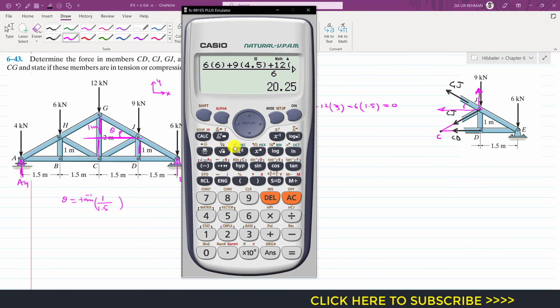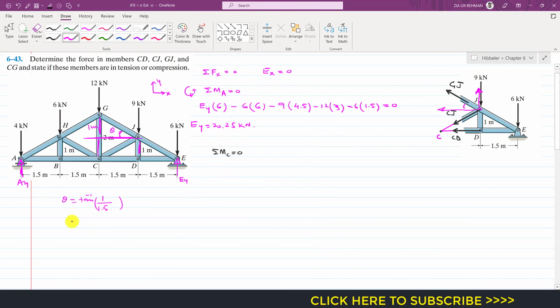So tan inverse 1 divided by 1.5 gives us the angle equals to 33.69 degrees. So now this is GJ cos of theta, this is GJ cos of theta, and this is GJ sin of theta.